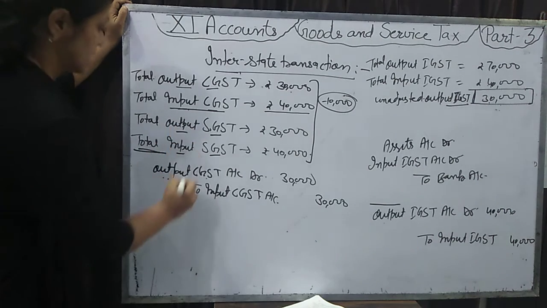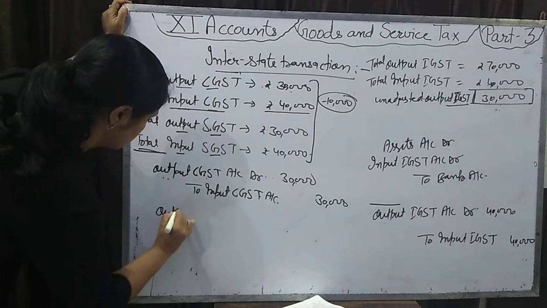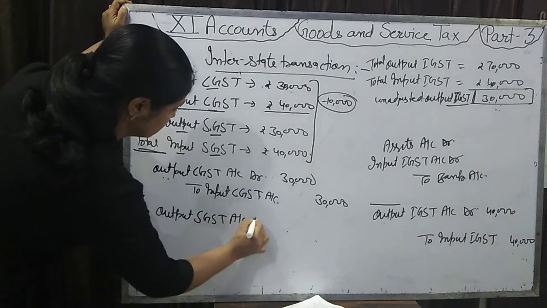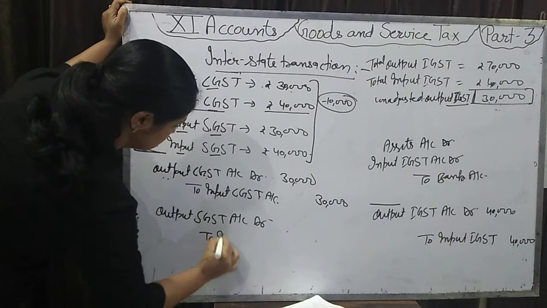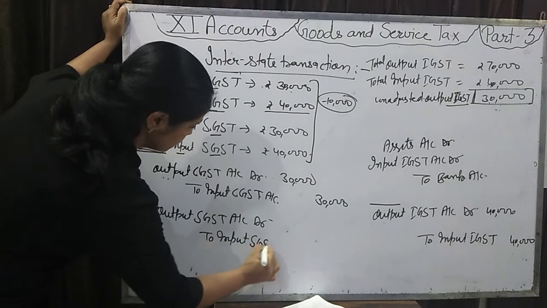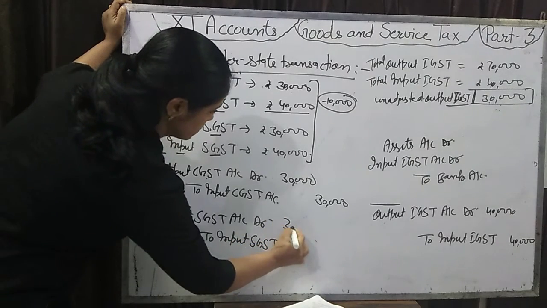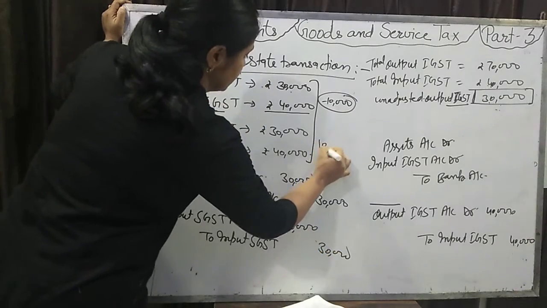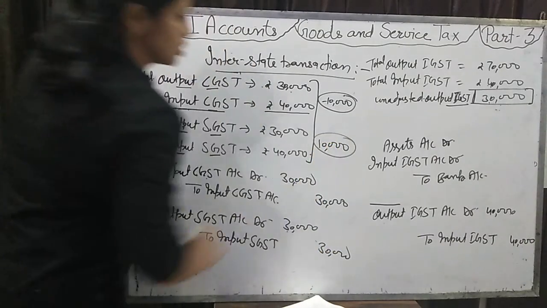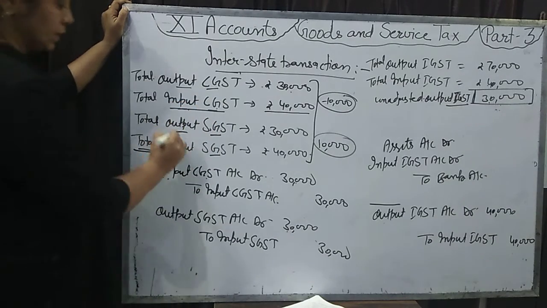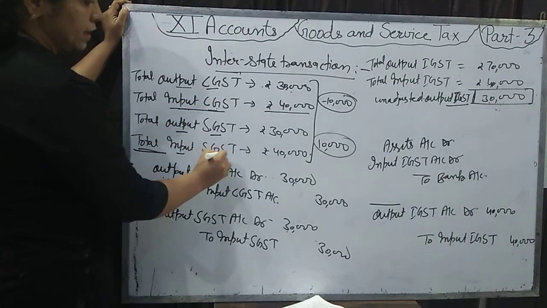Now we will adjust the SGST. Output SGST account debit to input SGST. Same 30,000. Now this also leaves us 10,000. Now we have 10,000 input CGST and 10,000 input SGST.